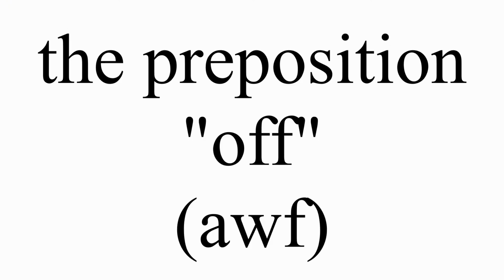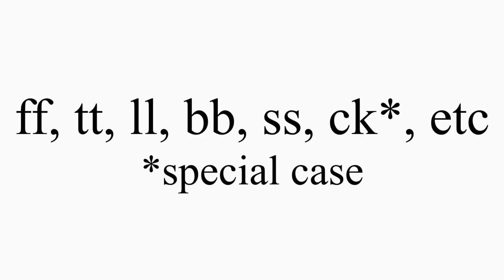In comparison, the preposition off, which is spelled with two Fs, uses the F sound, but that's another common point here. Most of the time, when you see two of the same English consonant letters, it will mean that the sound is just one sound. It's not a longer sound, it's not anything special, so this does not affect the pronunciation at all.